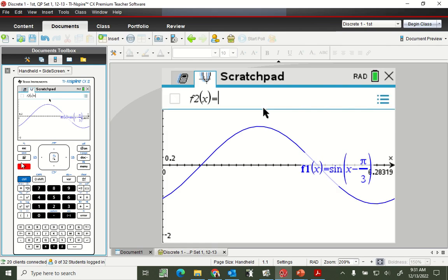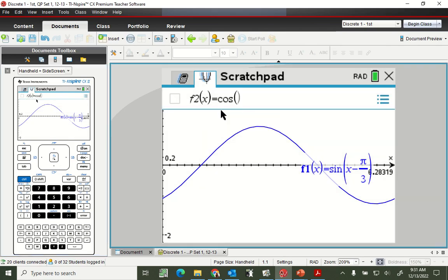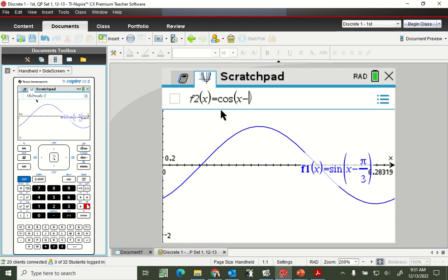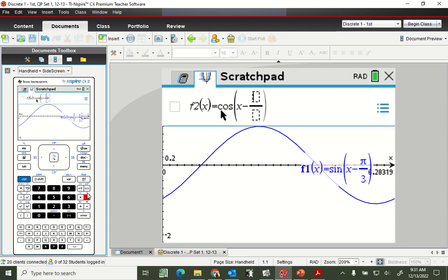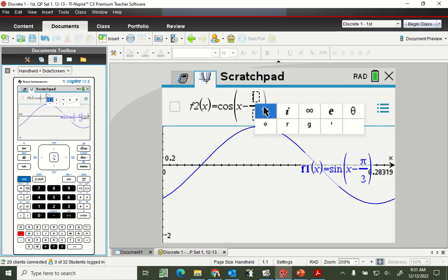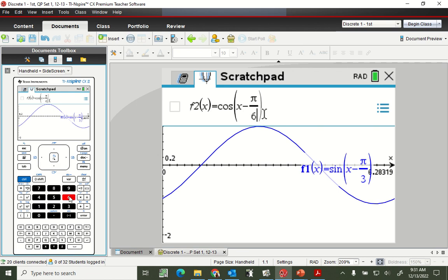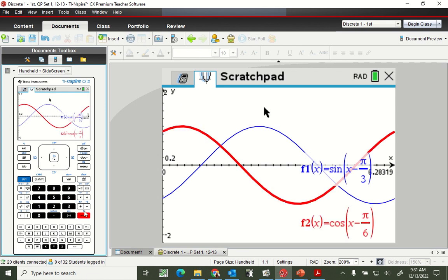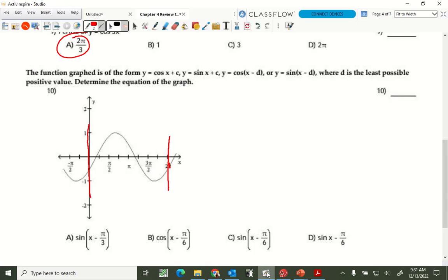Tab. Cosine x minus pi over 6. Tab. My next one's sine x minus pi over 6.